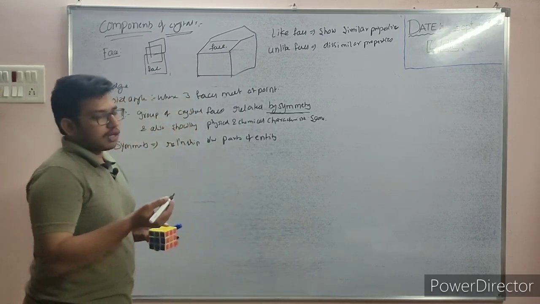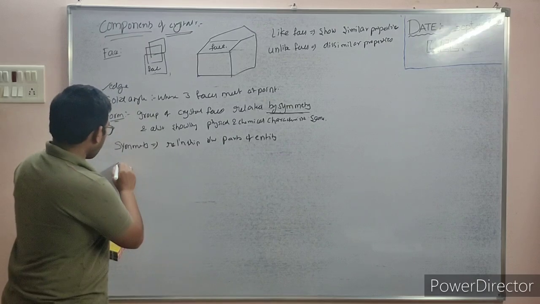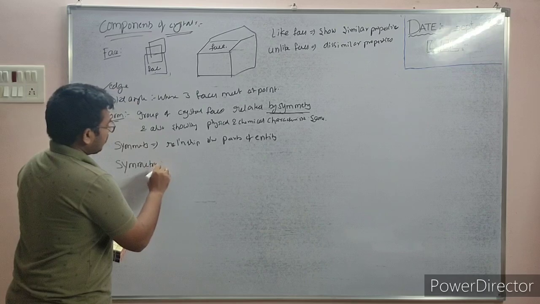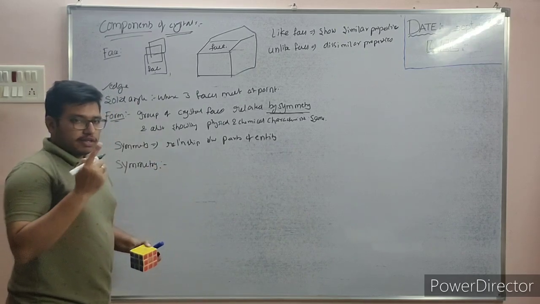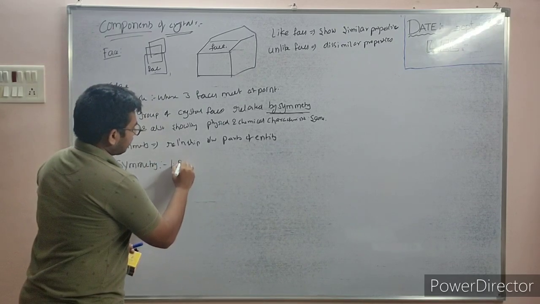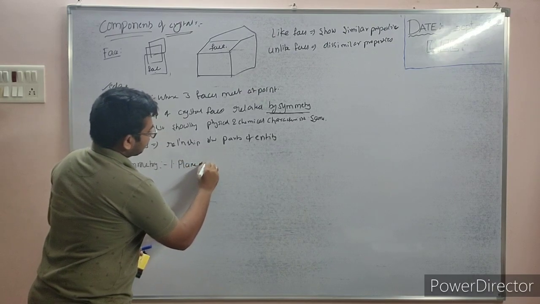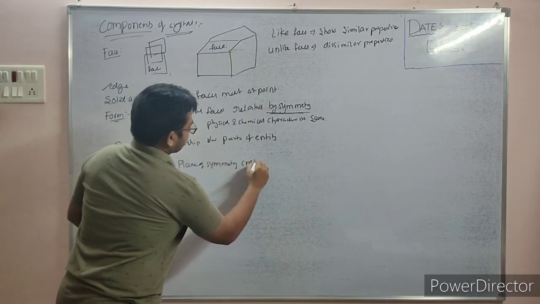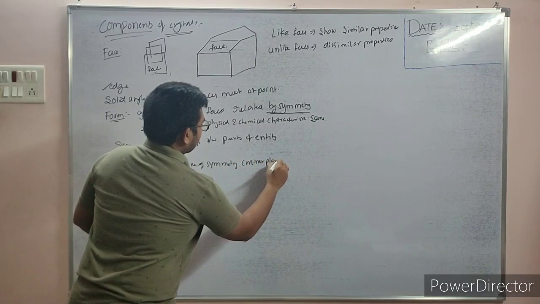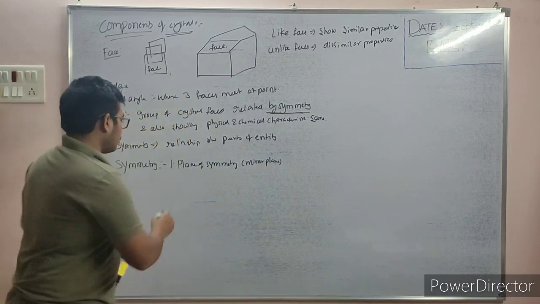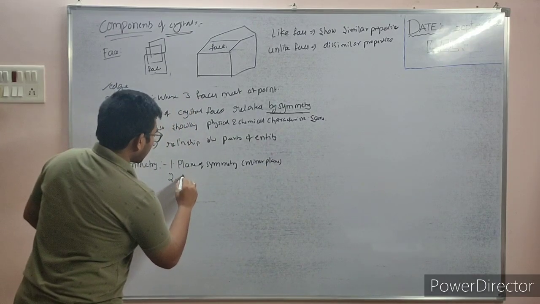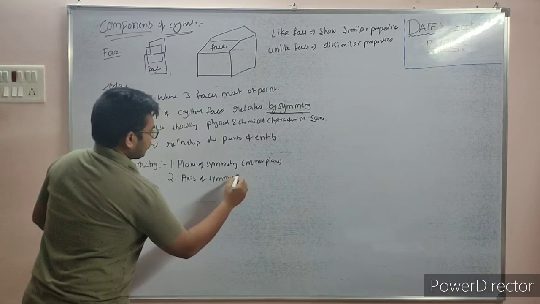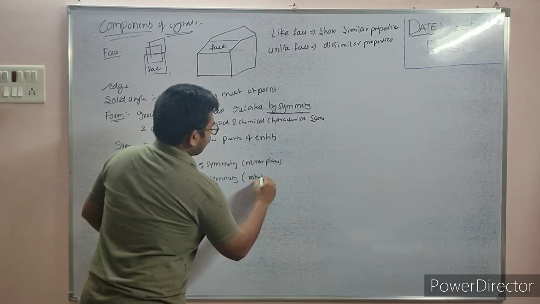Okay, we will see what the symmetry operations are, or what the types of symmetry present are. In symmetry, the first thing is plane of symmetry, which you can say mirror plane. Second is axis of symmetry, which you can say rotation axis.